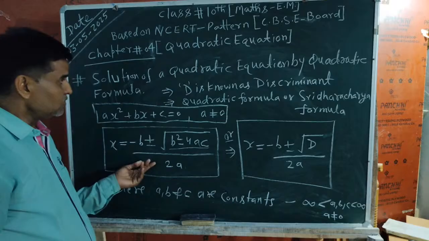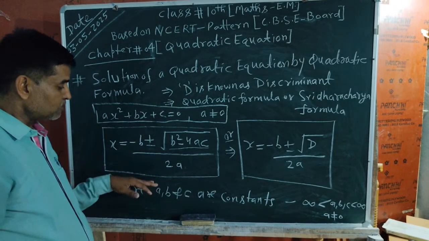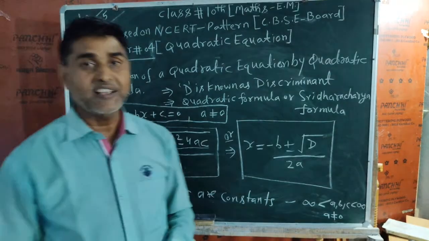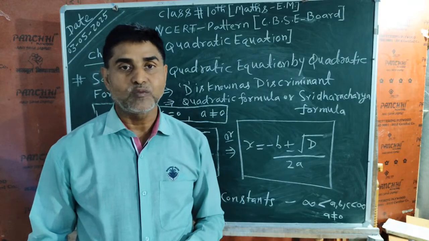Then I will use the quadratic formula, that is the Sridharacharya formula, and after simplifying I will get the value of x, which is the root of that particular quadratic equation.